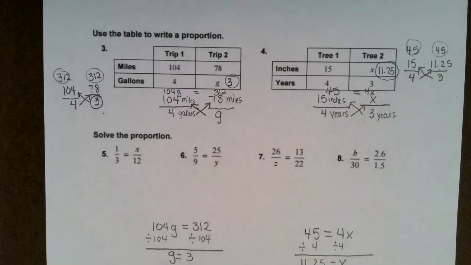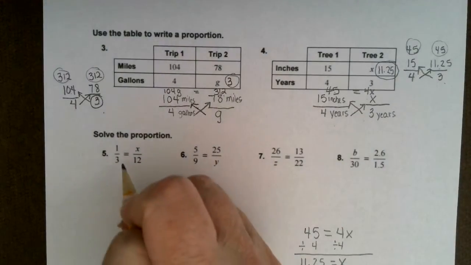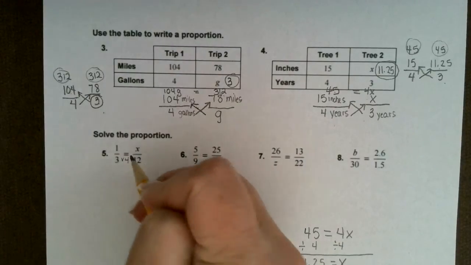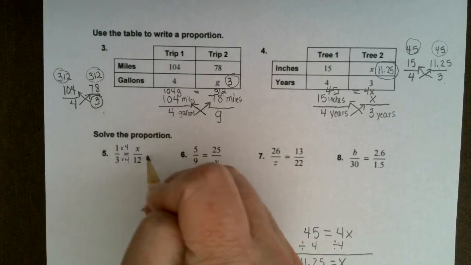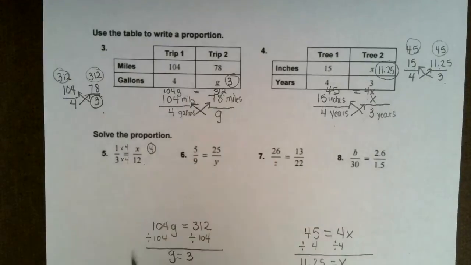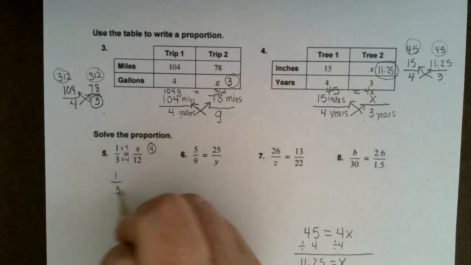All right, then you can solve these in 2 different ways. One way is if you know that 3 times 4 is 12, then you just multiply the top by 4 and x is equal to 4. Or you can solve like we've been doing with the cross multiplying.